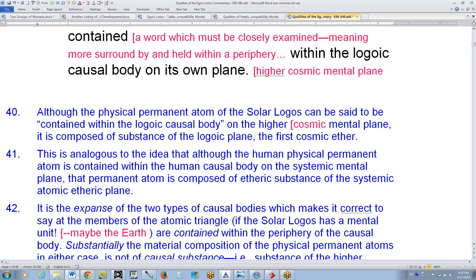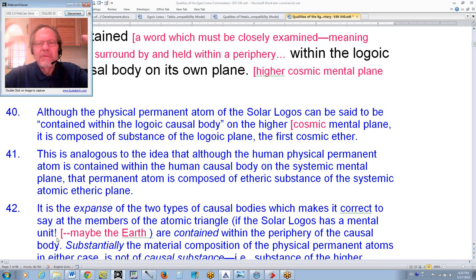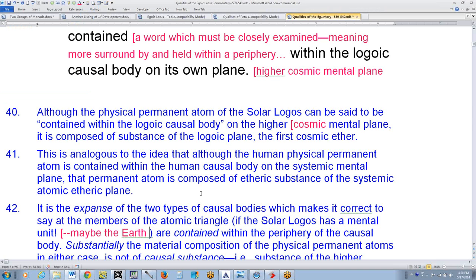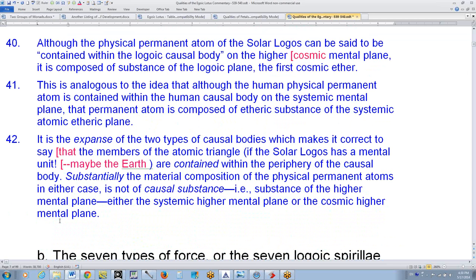So it's the expansiveness of the two types of causal bodies which makes it correct to say, I'm discovering some typos, that the members of the atomic triangle, if the solar logos has a mental unit, we are actually told in places that it does, are contained within the periphery of the causal body.